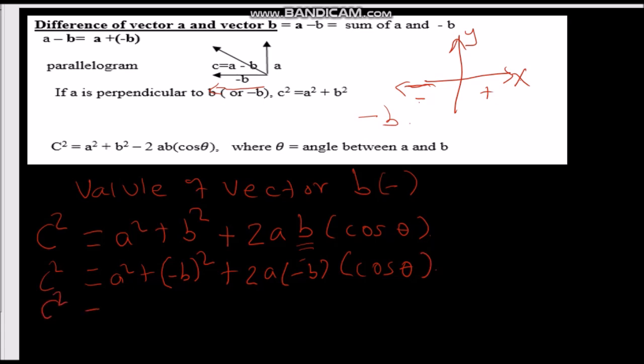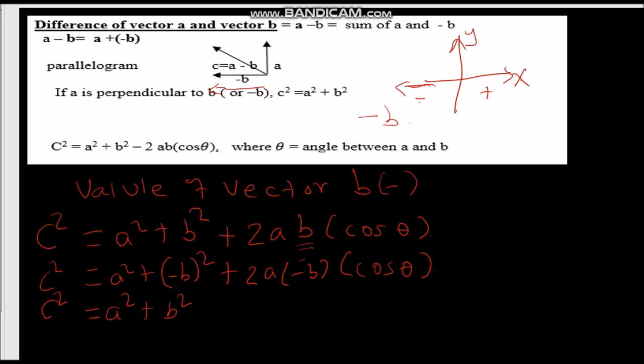C squared is equal to a squared, already a squared, plus minus b the whole squared, or a negative number multiplied by itself, its result is positive, means plus b squared. But here, 2 times a times minus b, how much? It changes the value: in mathematics, multiplying a negative number with a positive number makes the result negative.